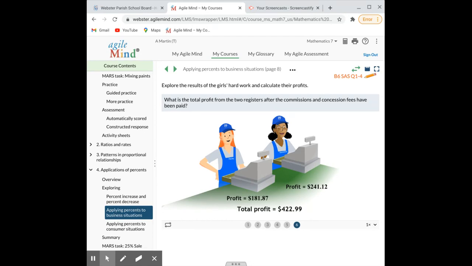All right. So right now we should have answered question, let's see, all the way to would it be question 1, 2, 3? Yes, you're right. Questions 1, 2, and 3 should have been answered already. We're on page 8 right now.